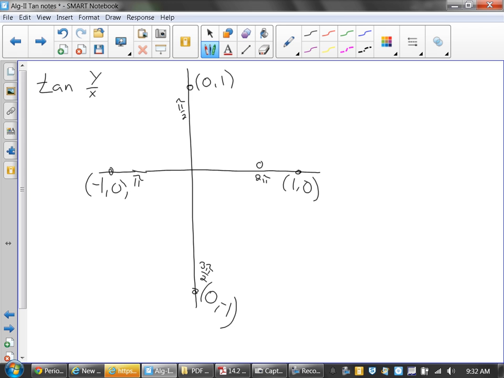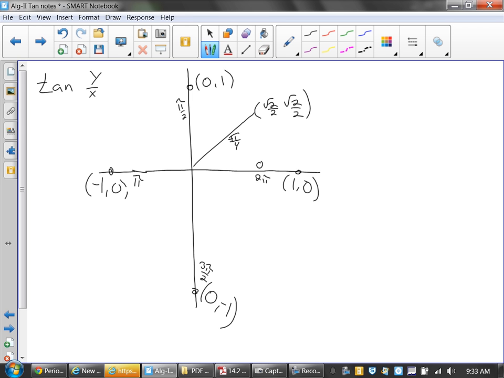There was also a special position for tangents that always equaled 1. Where did tangent always equal 1? Do you remember? At the 45-degree angles. So at the 45s, it was always pi over 4, and sine and cosine were root 2 over 2, root 2 over 2. So the tangent always equaled 1 at pi over 4s.